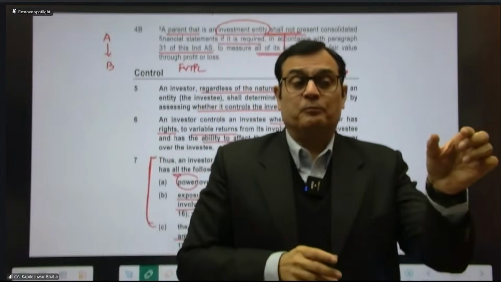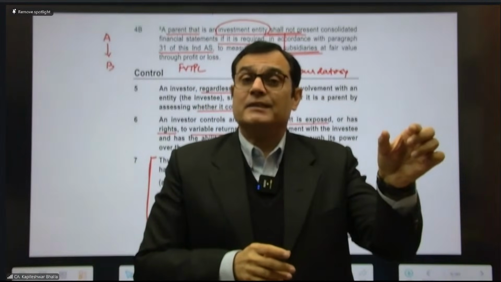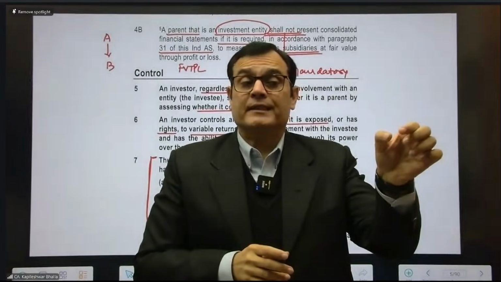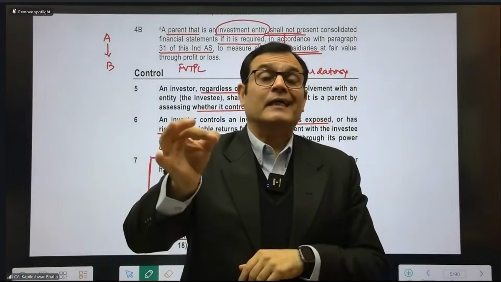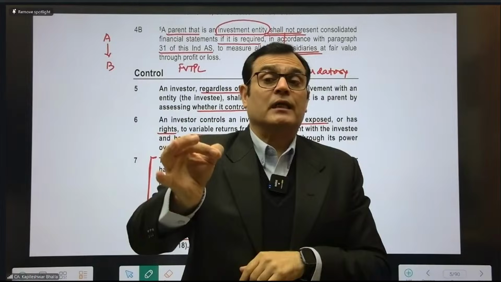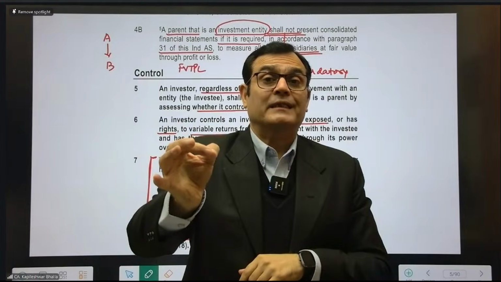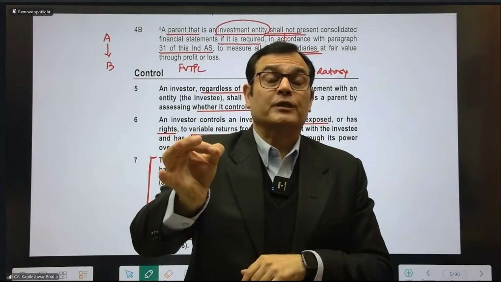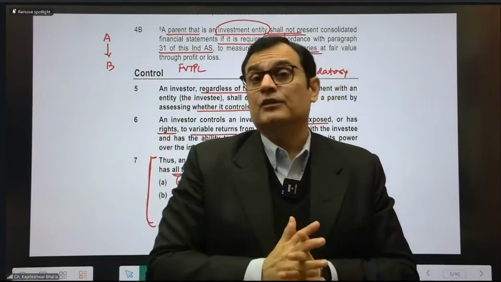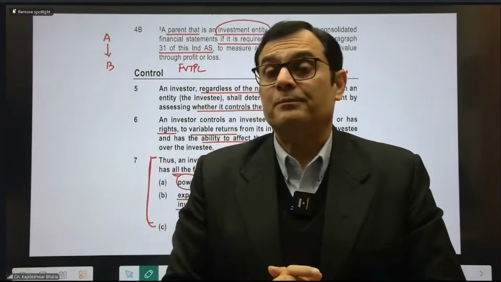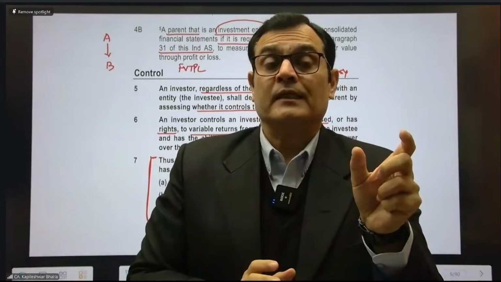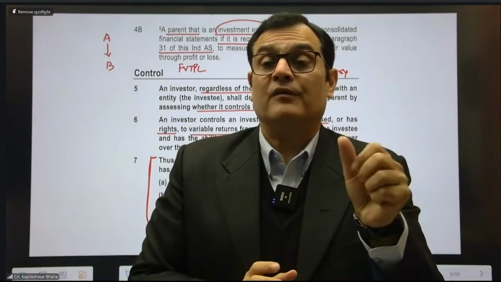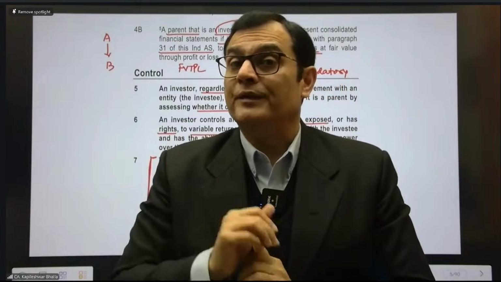So first I put a question: as an investor, do you exercise power over the investee? If you say yes, I'll ask, as an investor, are you exposed to variability of returns due to your involvement with the investee? If you say yes, I go to step number three and ask, can you develop a relationship between power and the exposure to variable returns?